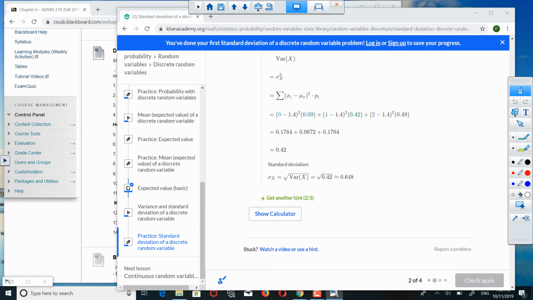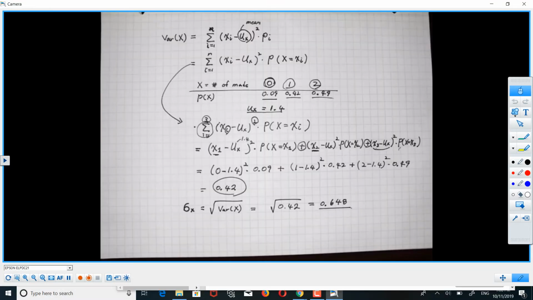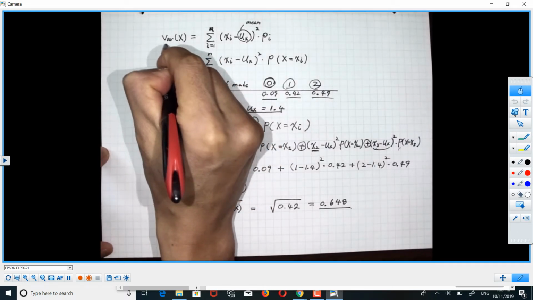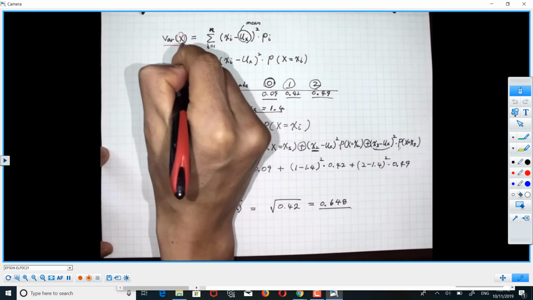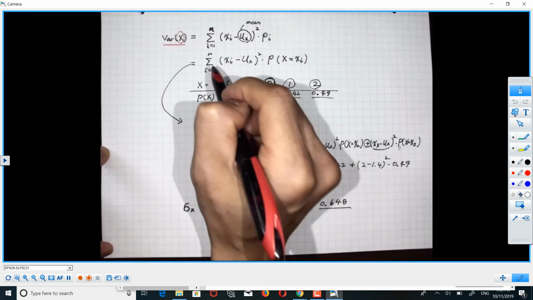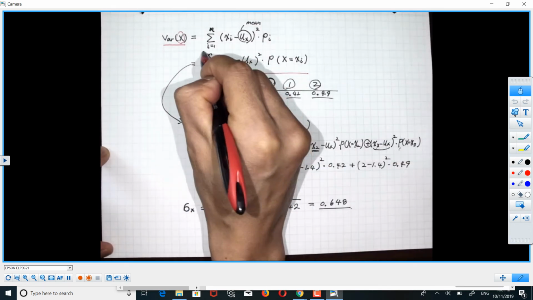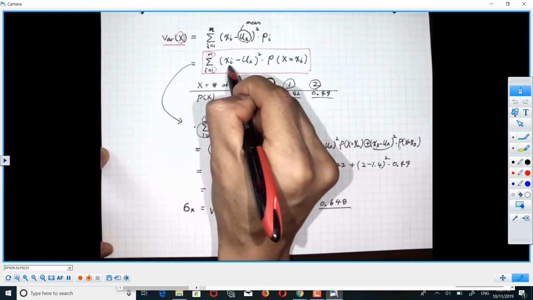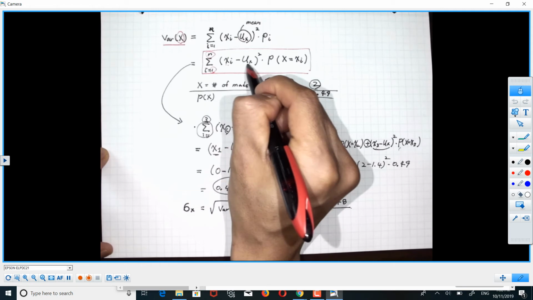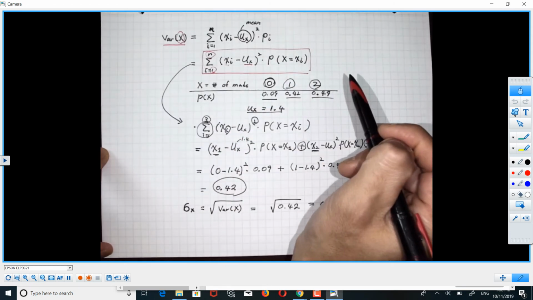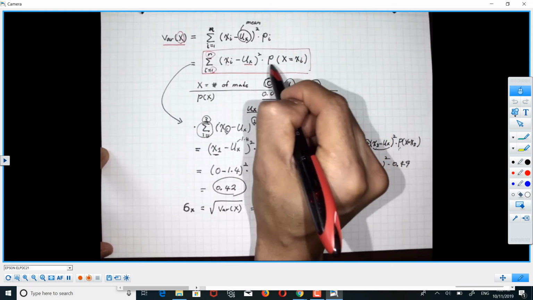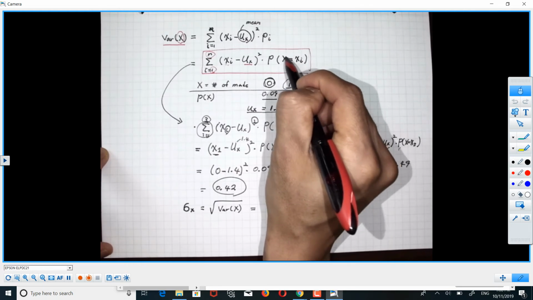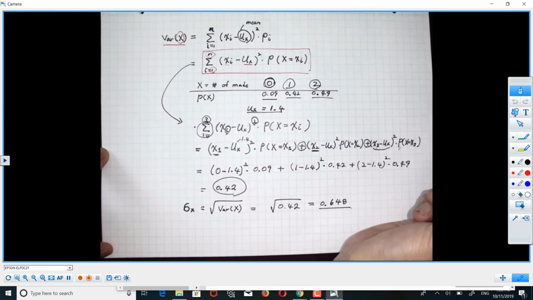So in summary, what you should know is the formula for the variance of the random variable x: when i is 1 through n, x_i minus mu x, which is the mean of random variable x, squared, times the probability when the value of the random variable x is x_i.